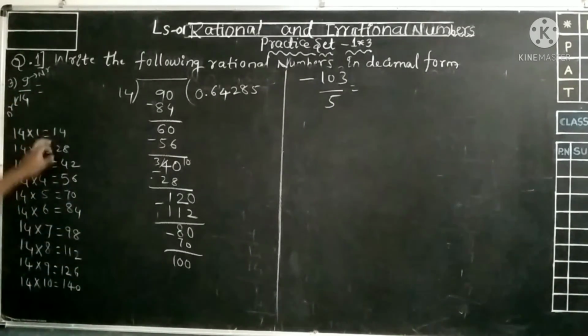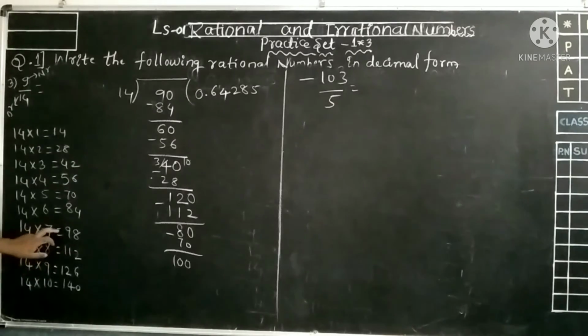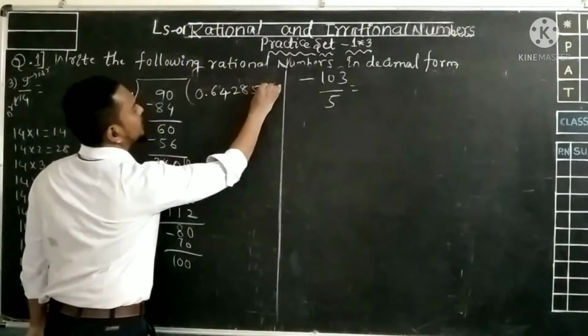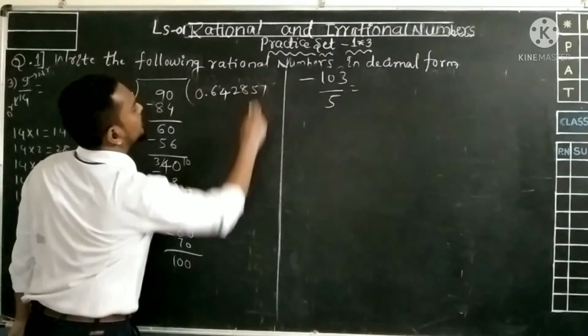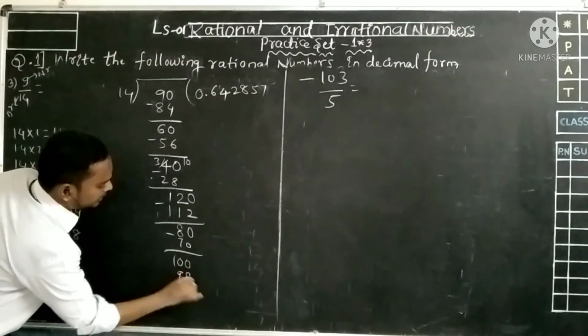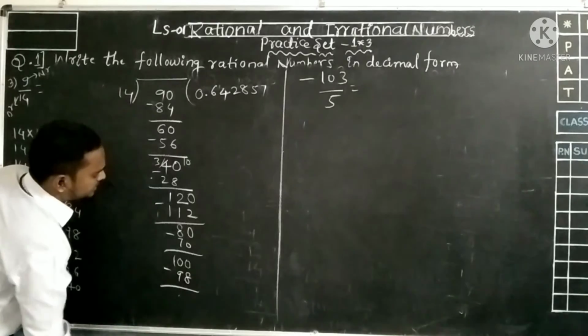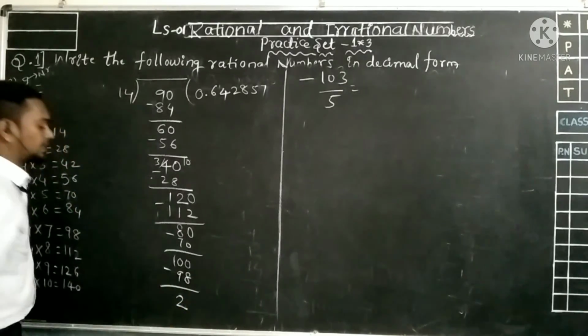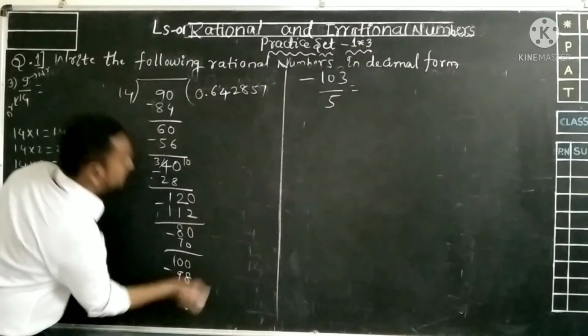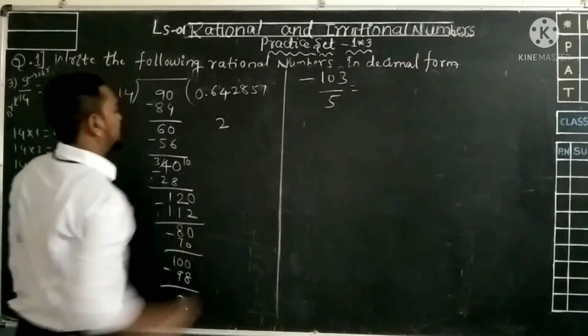100 is not in the 14th table. Therefore, now we will take 14 7s are 98. 100 minus 98 means 2.